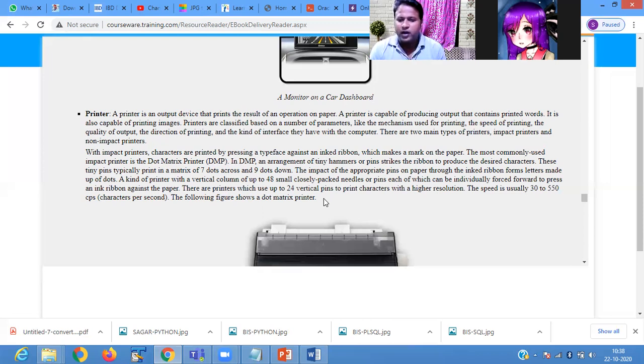The impact of the appropriate pin on the paper through the inked ribbon forms the letter made up of dots. It is a kind of printer with a vertical column of up to 48 small, closely packed needles or pins, each of which can be individually forced forward to the paper. The speed is usually 30 to 550 characters per second.